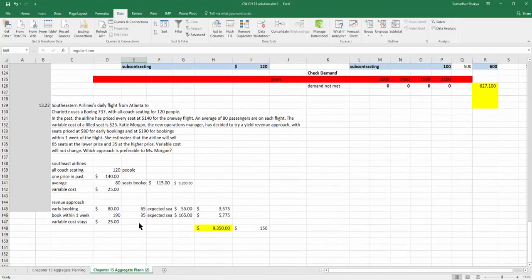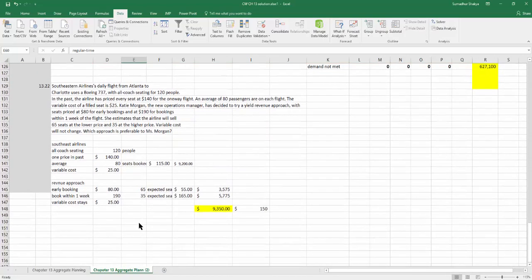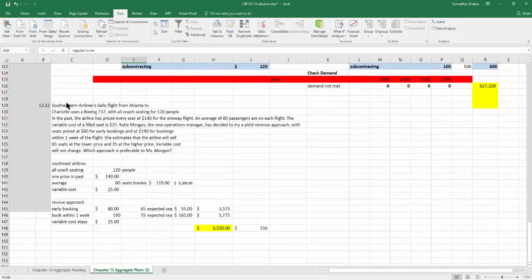The example here is where there's a new manager in Southeastern Airline. Her name is, I think, Katie Morgan. Initially their method was that they have about 120 seats that can go all economy class, or all coach seating, however you want to call it, and they charge $140.